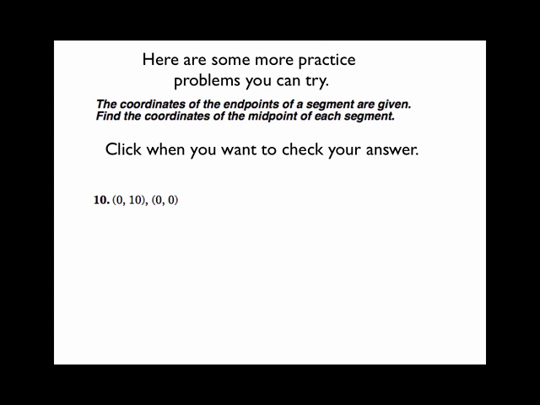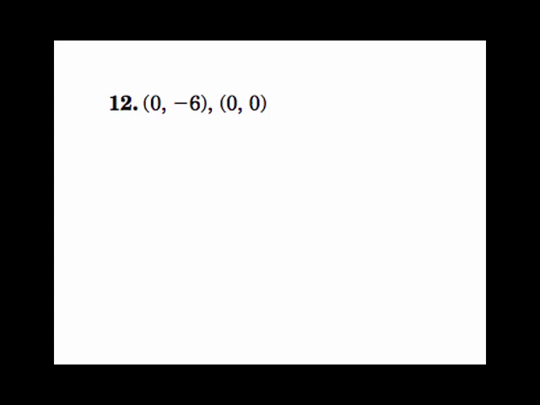Find the midpoint. You should have found it to be (0, 5). How about (0, -6) and (0, 0)? The answer here is the point (0, -3). Let's try (4, 12) and (8, 20).